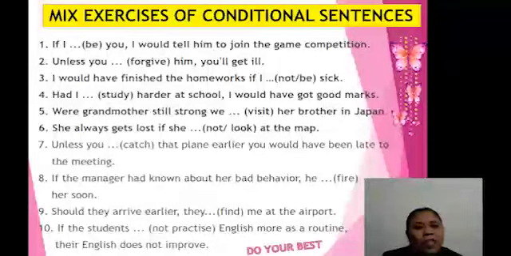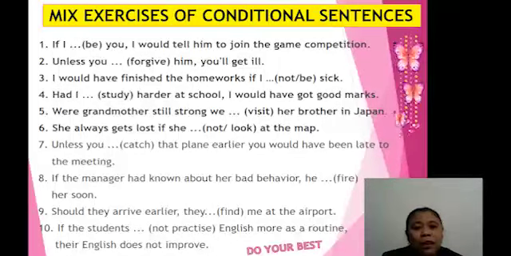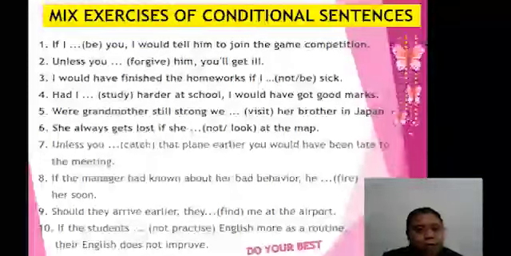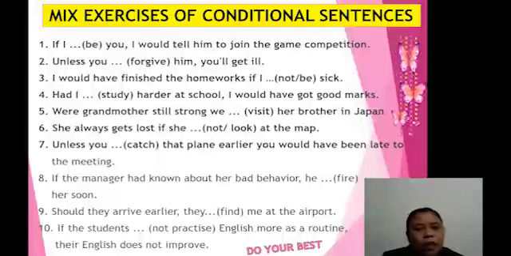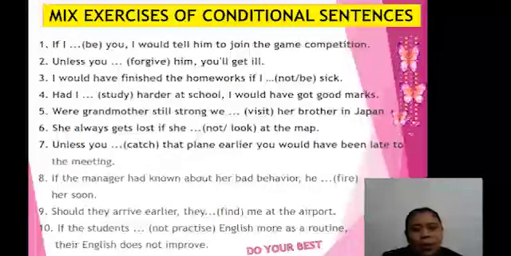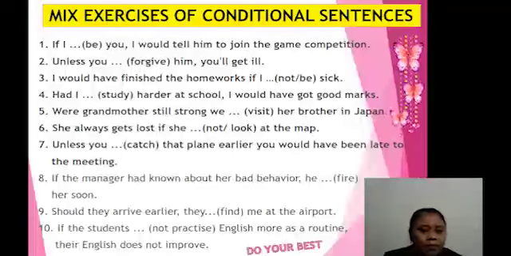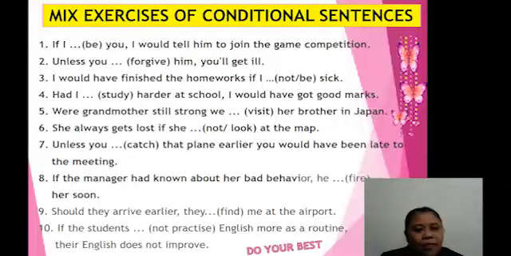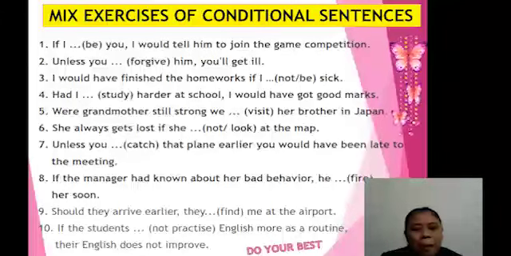Number 6. She always gets lost if she not look at the map. Number 7. Unless you catch that plane earlier, you would have been late to the meeting. Number 8. If the manager had known about her bad behavior, he fired her soon.